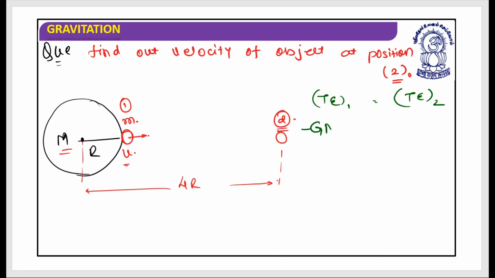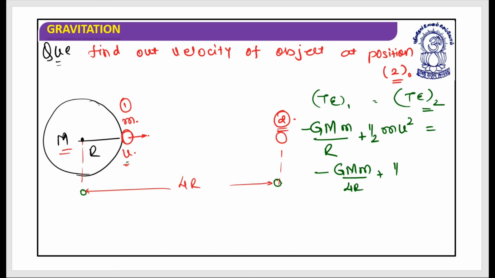It's minus GMm divided by R plus kinetic energy, half mu square, which equals the total energy at 2. Energy at 2, that means when they are separated by a distance of 4r, is minus GMm by 4r plus half mv square. I hope this is clear.